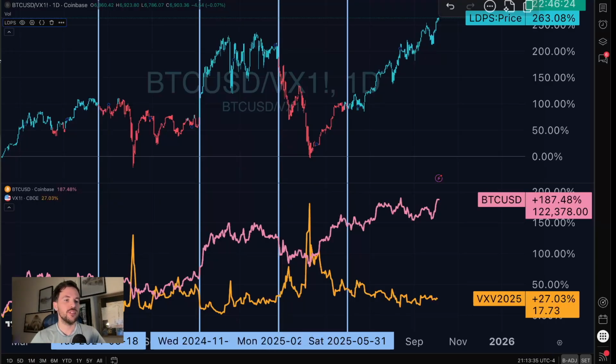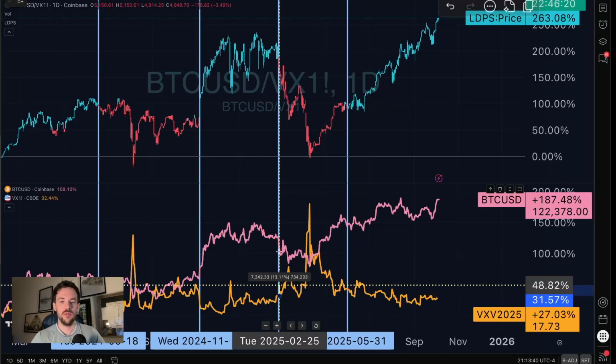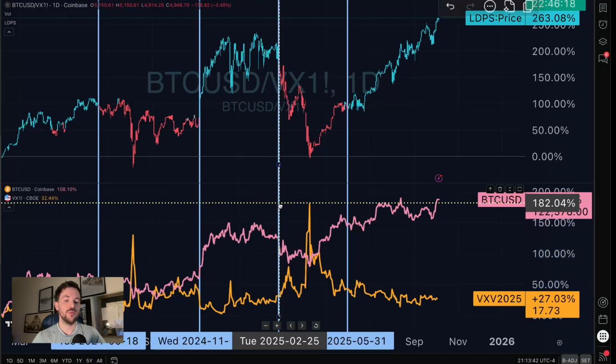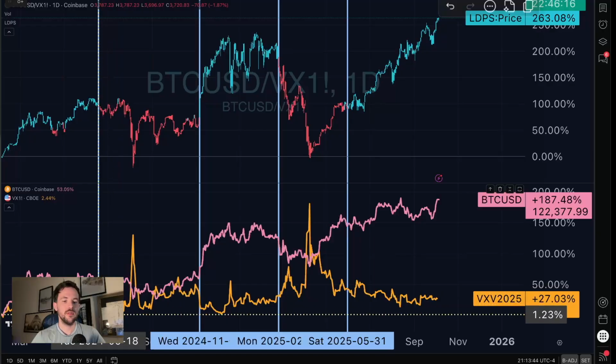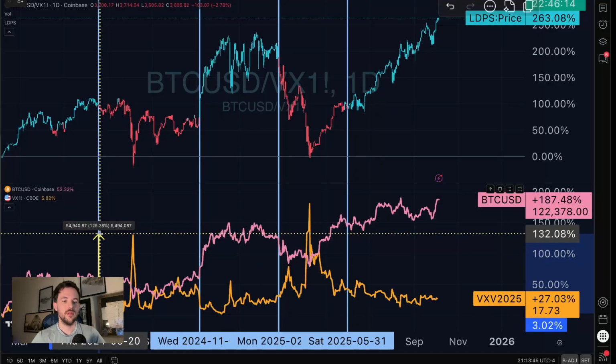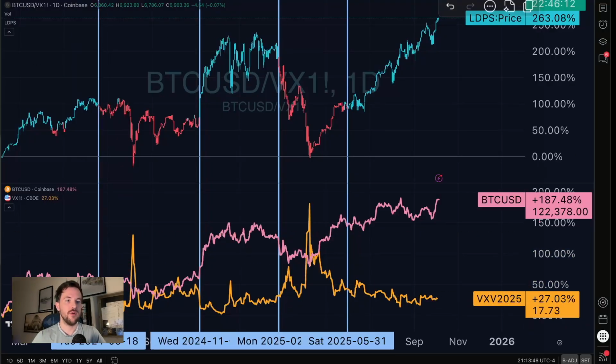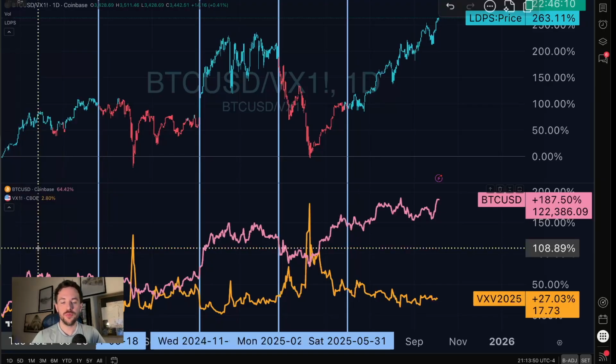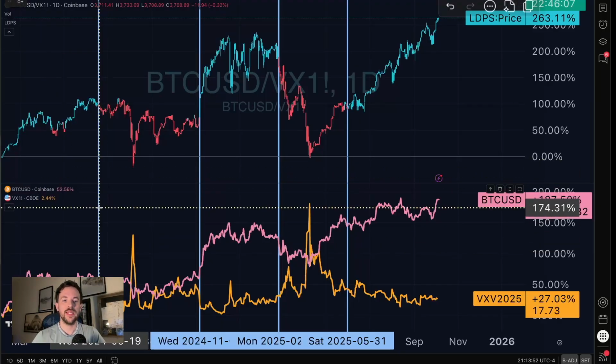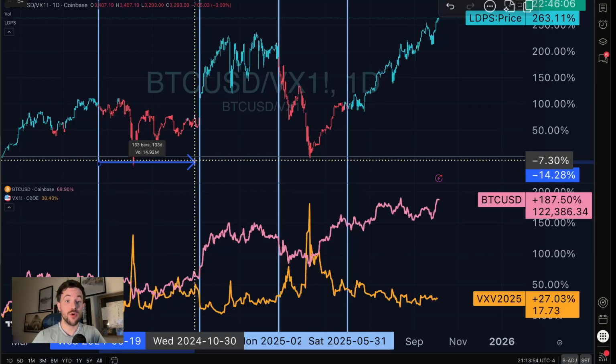So if we look at, for instance, here, so we go, right? So it's 112% on volatility. And here, that's 125% on volatility. I'm hoping that my trader brain will know when to take some profits there.